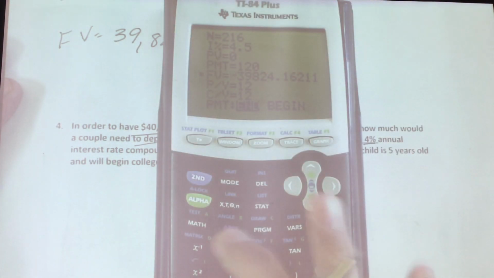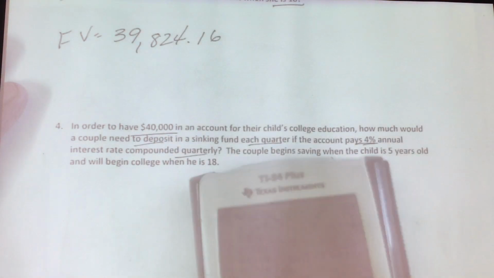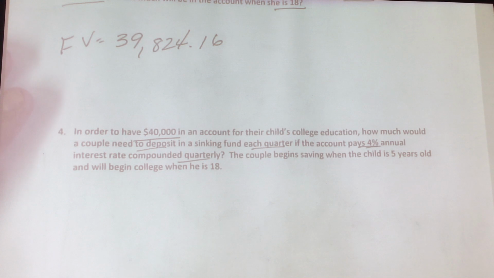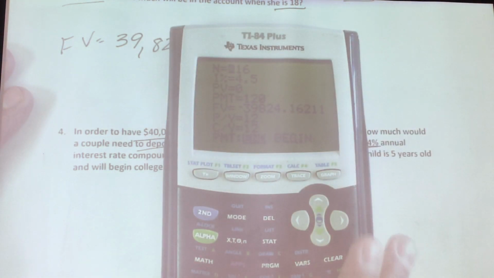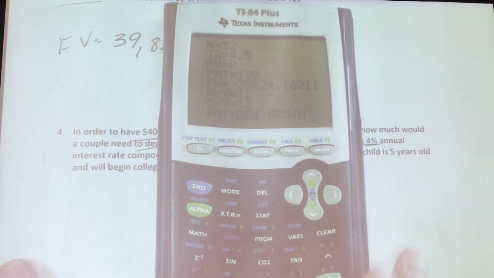So here, apps, finance, TVM solver. Here the time is 18 minus 5, which is 13 years. So we have 13 years times compounded quarterly, which is 4. Interest rate is 4%.